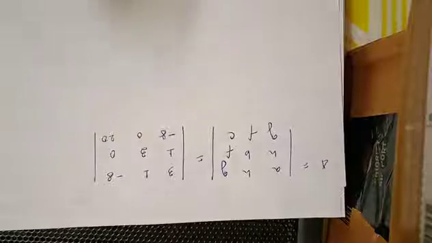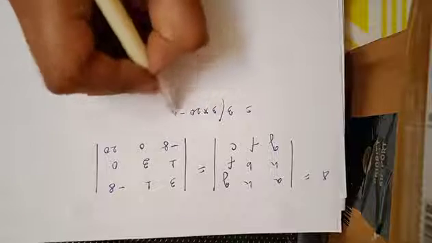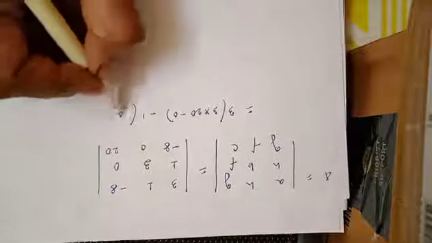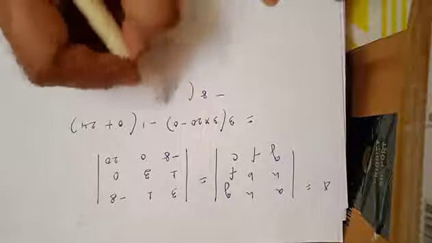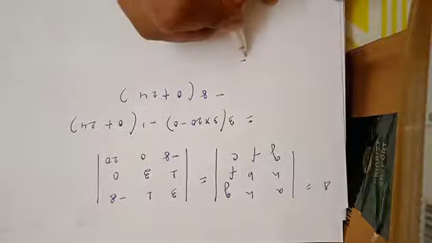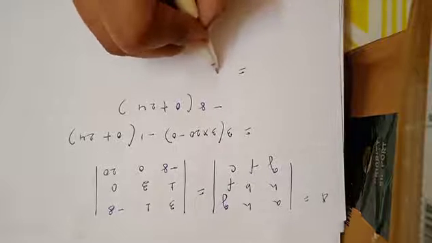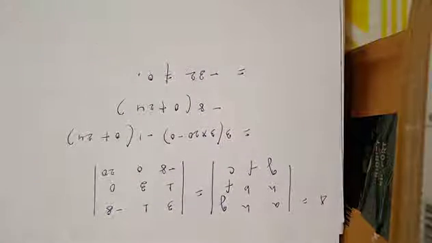Now I hope all of you know how to expand the determinant. If you do that, we will get the answer, which will be minus 32. Clearly this is not equal to 0.